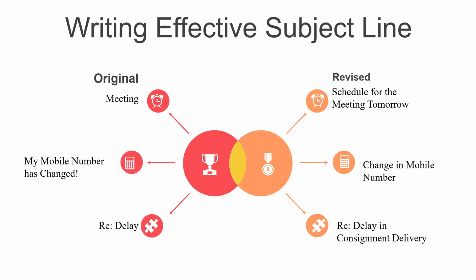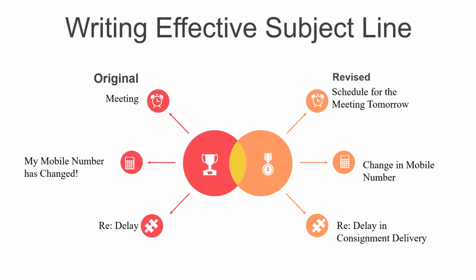So it will give a clear picture for the readers whether to open the mail immediately or it can be done at a later point of time. So clarity is very important. A clear and relevant subject line conveys the purpose of the email.